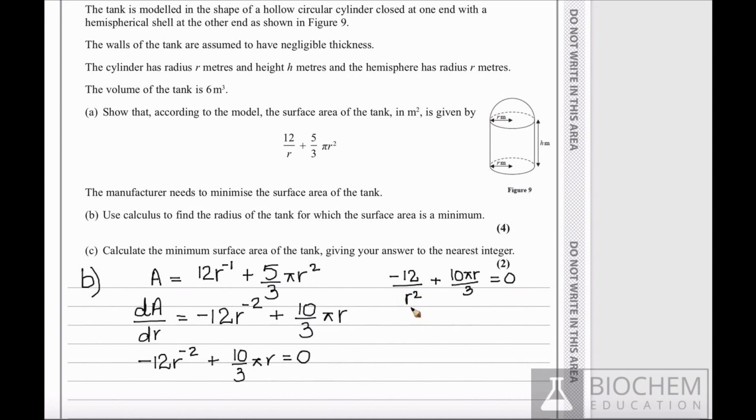Now, in order to remove the r square from the denominator, we will multiply each term with r square. So throughout, we will multiply each term with r square, and we will get this to be -12, whereas r squared times 10 pi r over 3 will become 10 pi r cube over 3 is equal to 0. Now we will bring the -12 to the other side. It will become 10 pi r cube over 3 is equal to 12.